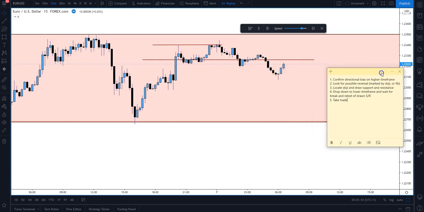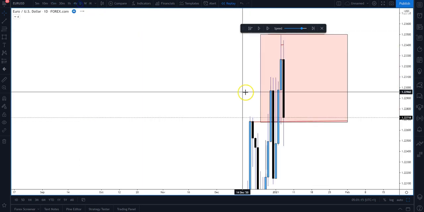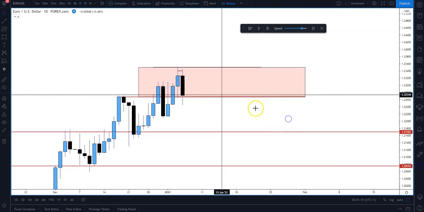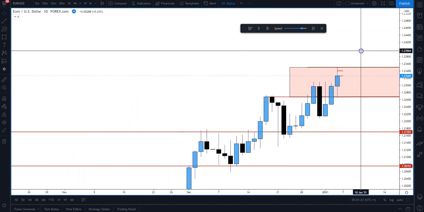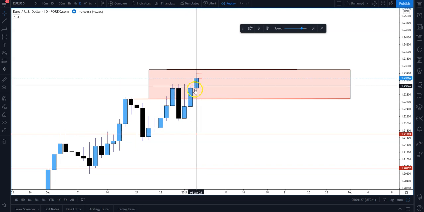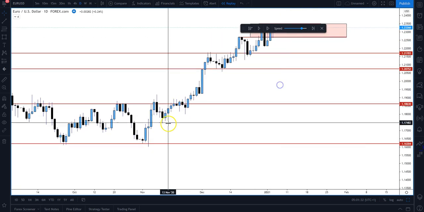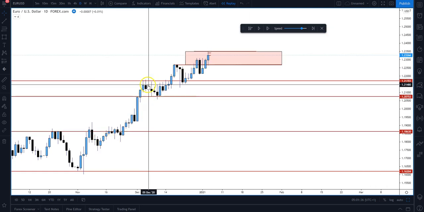Okay, so our first step, confirm our directional bias on a higher time frame. Based on here, our directional bias is, it was an uptrend, but we can see it's weakening because of shorter impulses.